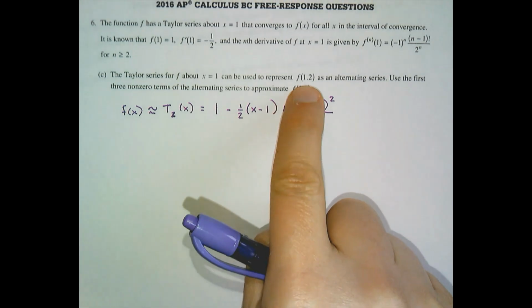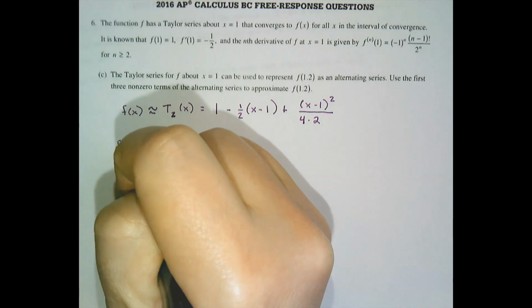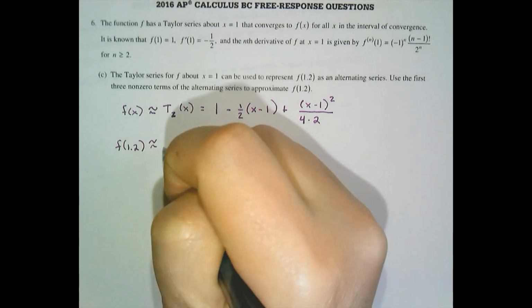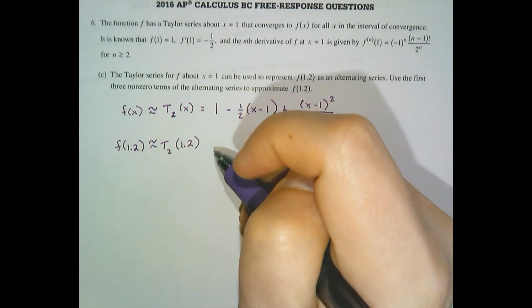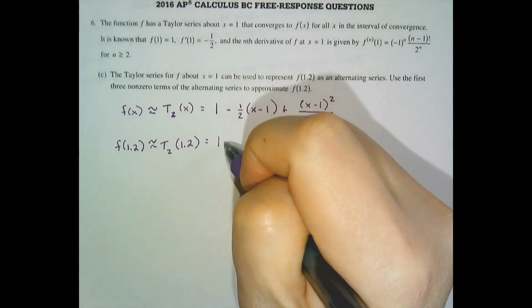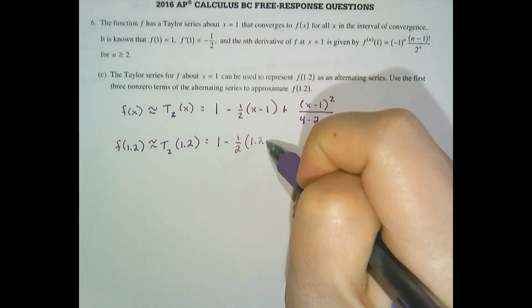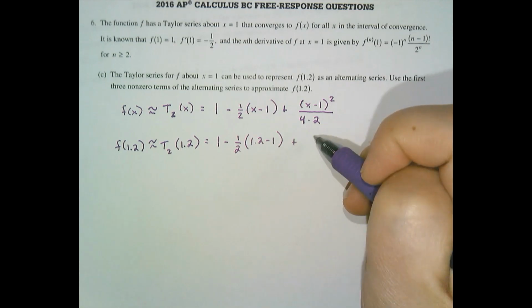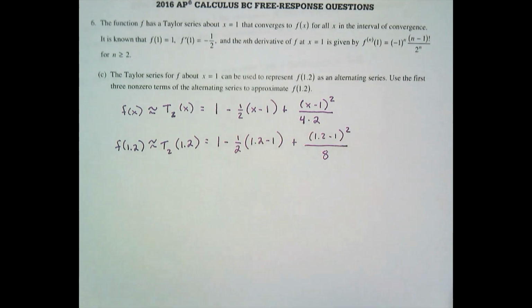We're going to approximate f of 1.2. So f of 1.2 can be approximated by t of 1.2, or t sub 2 of 1.2. And when we plug those numbers in, 1.2 minus 1, and then 1.2 minus 1 squared over, I'll go ahead and write that as 8.